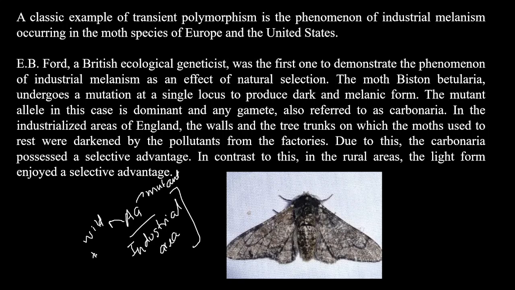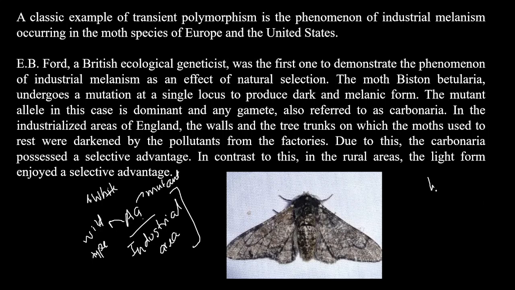And why is it doing this? Because of this mutant allele, the color of this moth becomes black. Suppose this moth, which had capital A small a, was white in color, but because this small a allele is replacing the capital A, now this moth becomes black.